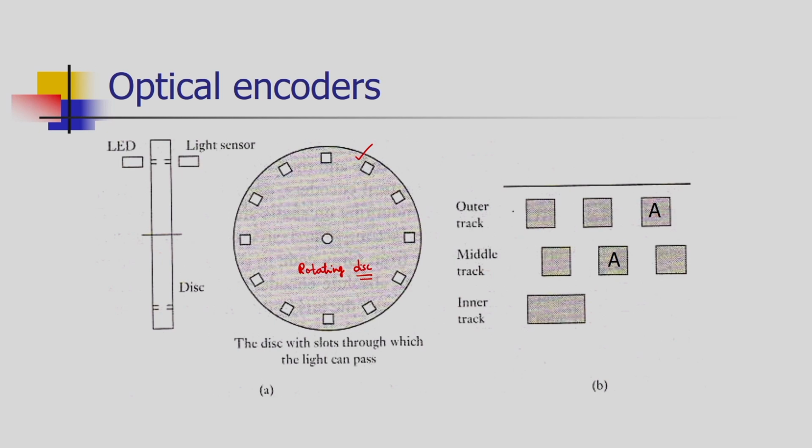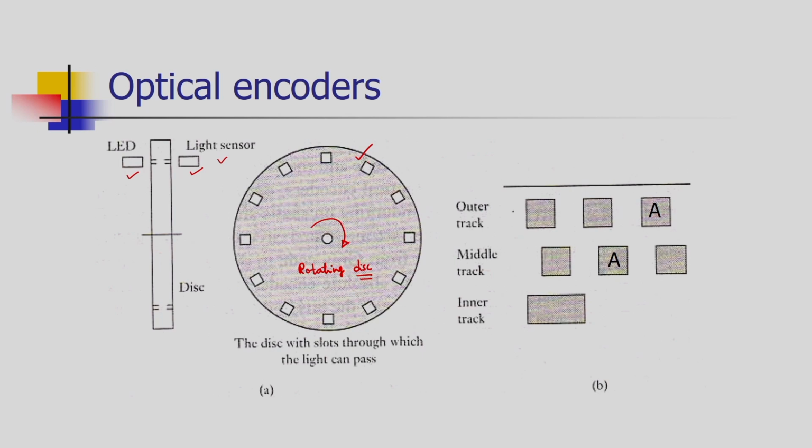Optical encoders have an arrangement of an LED light source and a light receiver. There is a continuous passage of light from the LED and the light sensor is sensing it in a continuous mode. So, when the disc rotates and there is an obstruction for the passage of light, there is no reception of light at the light sensor.